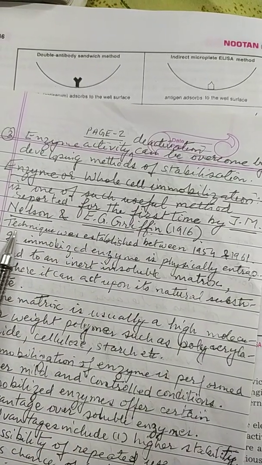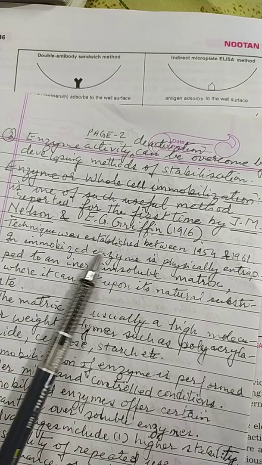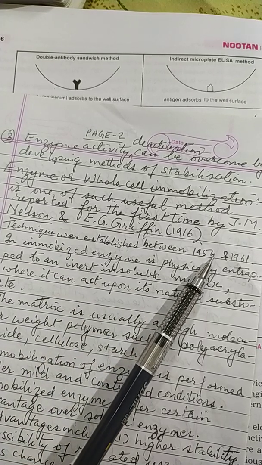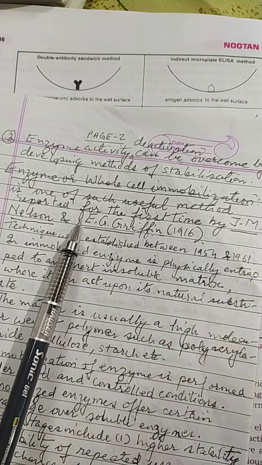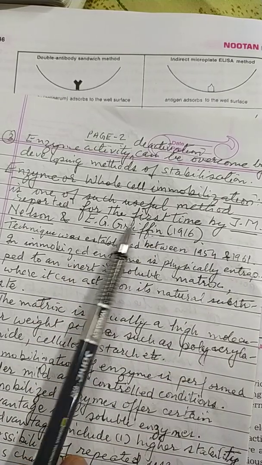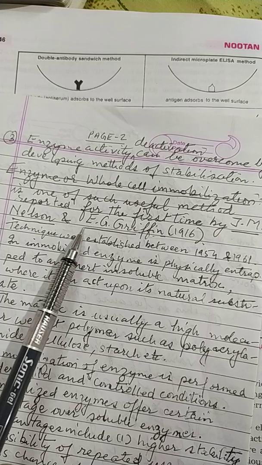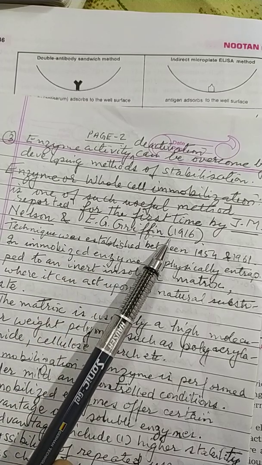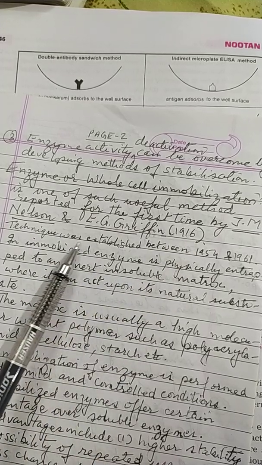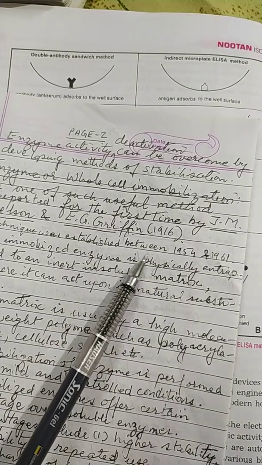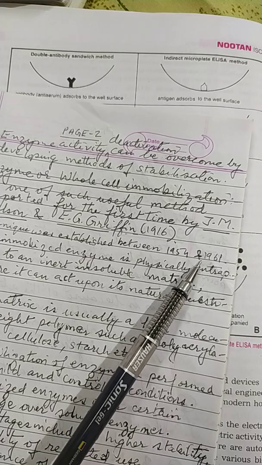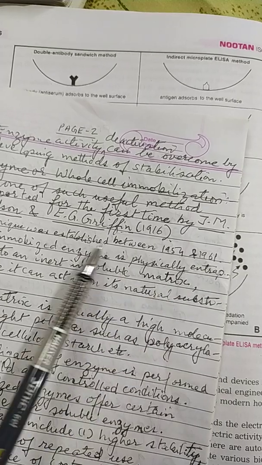Now in this technique, what do we see? The technique was established between 1954 and 1961. Although it was first reported by the scientists J.M. Nelson and E.G. Griffiths in 1916, it was developed and established between 1954 and 1961.